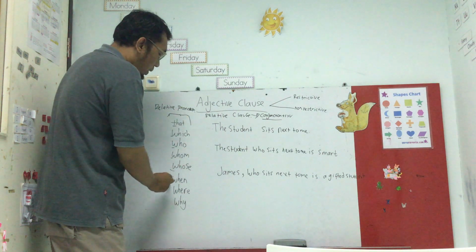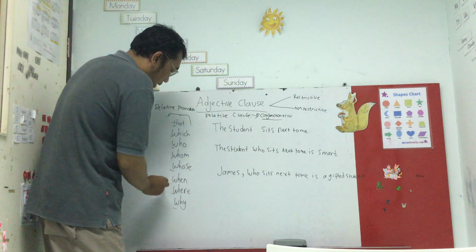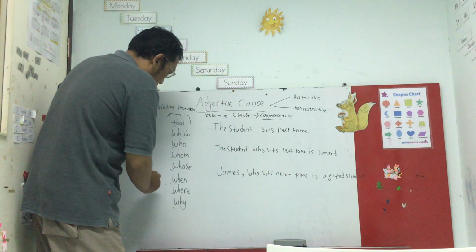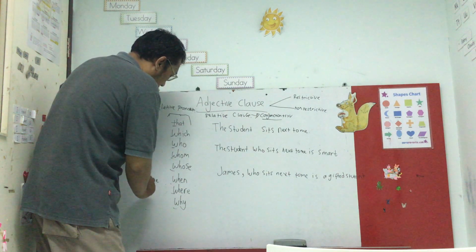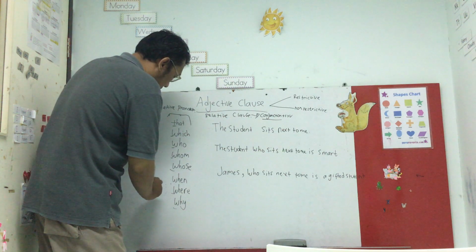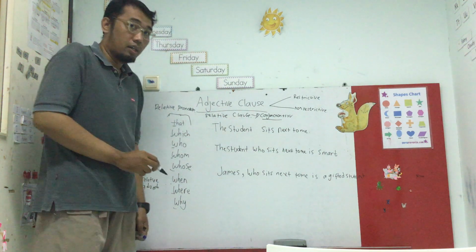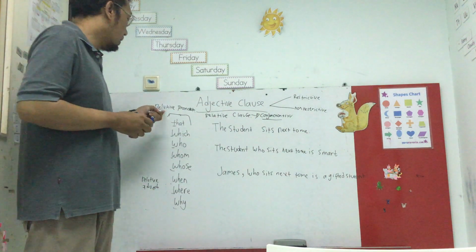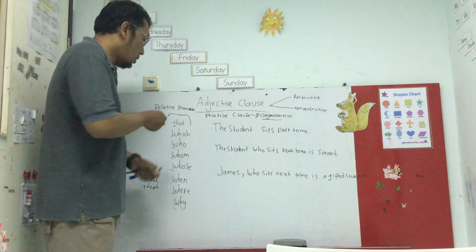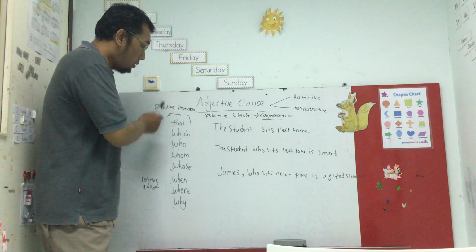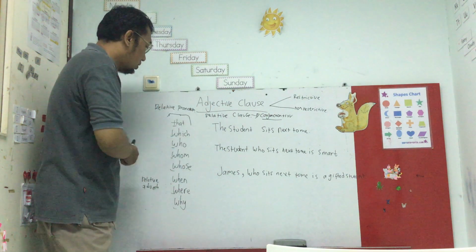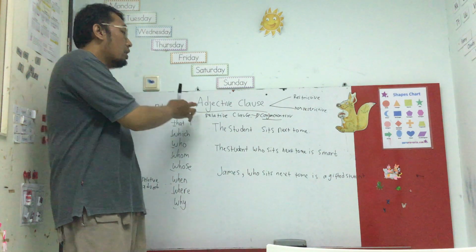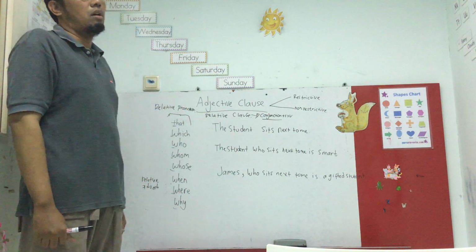And then we have when, where, and why for the relative adverb. Relative adverb. Okay. You can use all of these conjunctions to form an adjective clause.